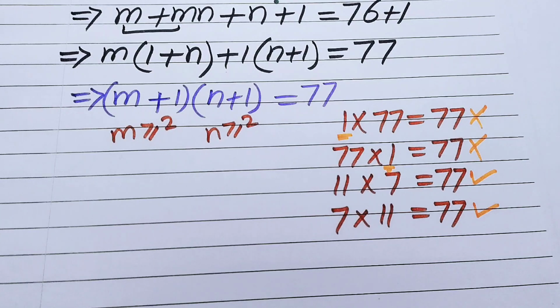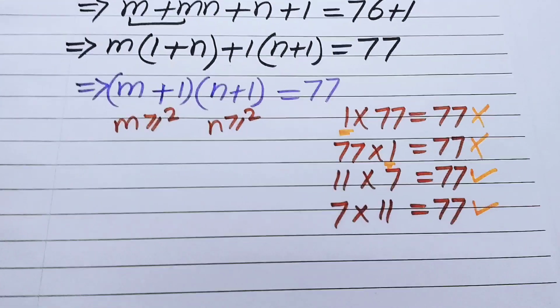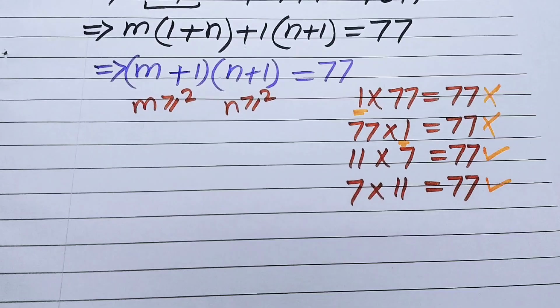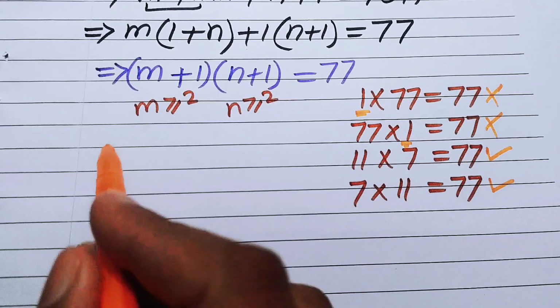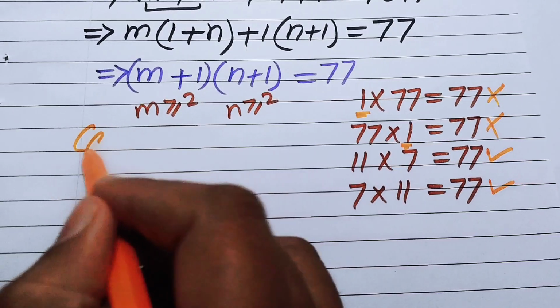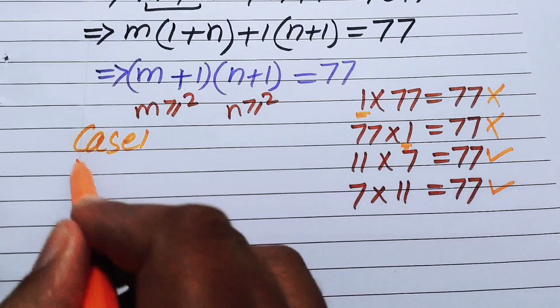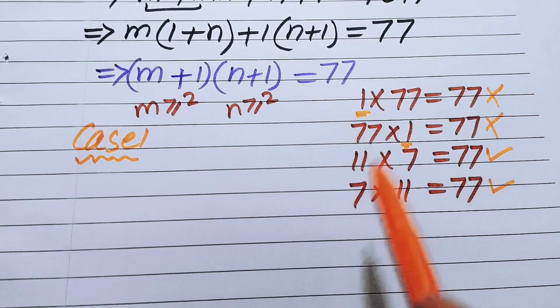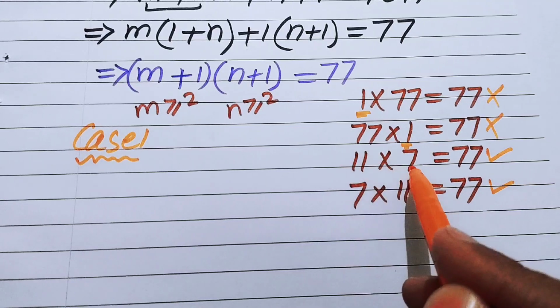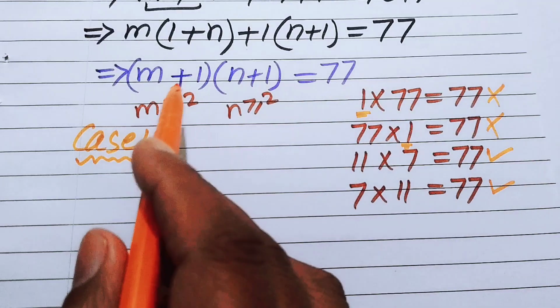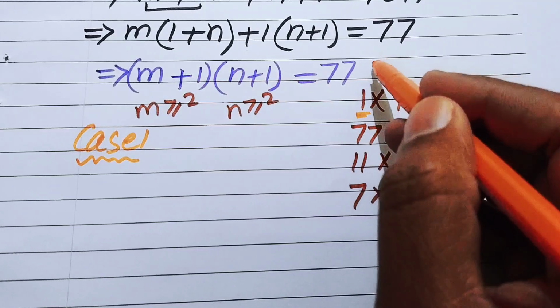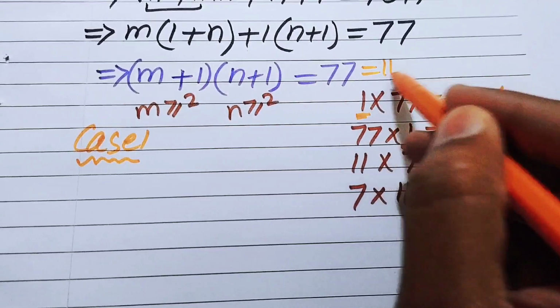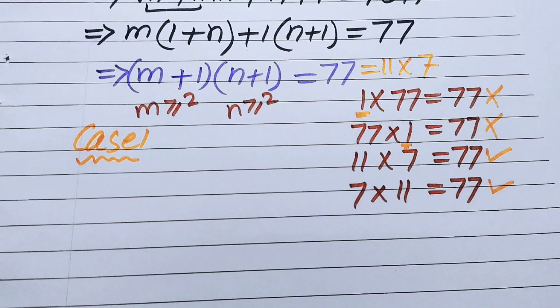And now we make the two cases. Our first case is we write 77 equals 11 times 7.